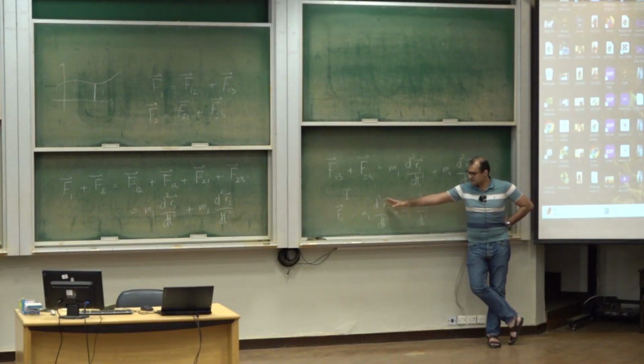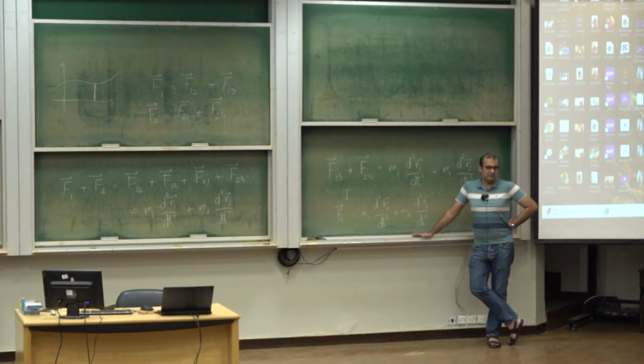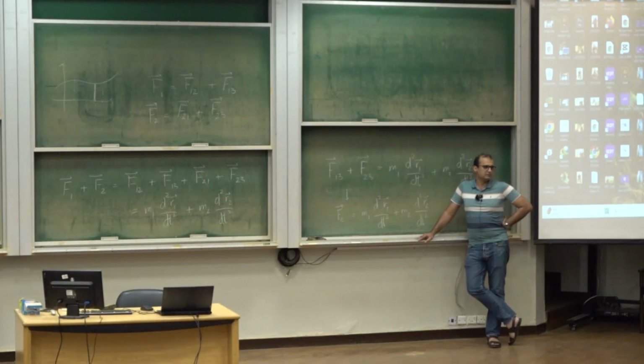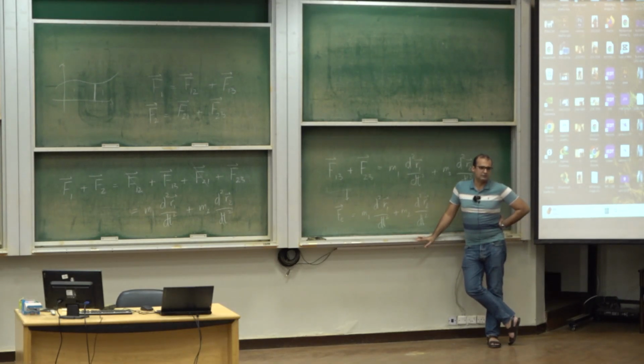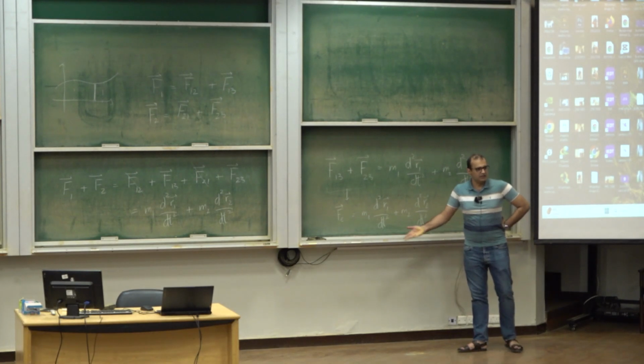Why don't we write this right hand side in the form of capital M, where capital M is m1 plus m2, times the double derivative of some position vector. As in you are then writing down Newton's second law in the form of the total external force equals the total mass times some acceleration. Acceleration of what? Well, we need to explain that. Okay, we need to understand that.